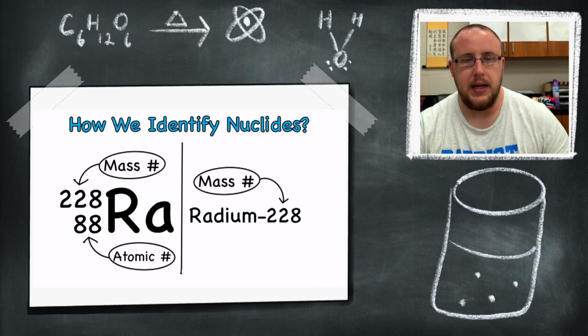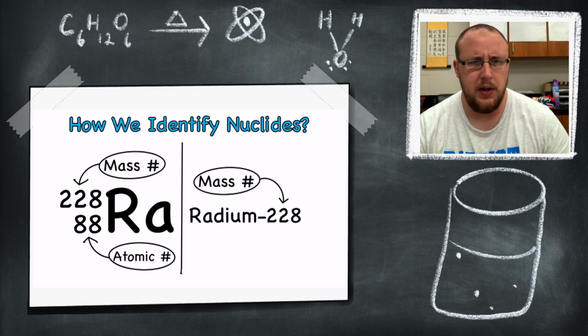So how do we write and identify nuclides? This is extremely similar, if not exactly the same as writing your normal isotopes. As we see, we've got radium, and we have two ways. We have it with the chemical symbol, and then we also have it written out.